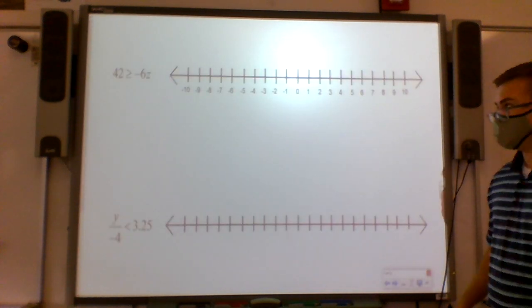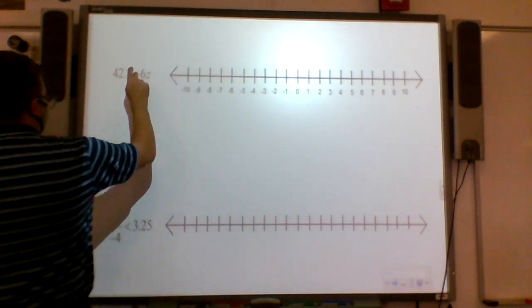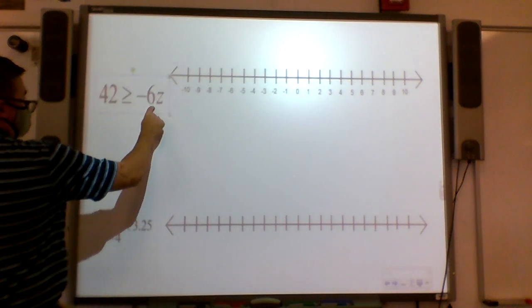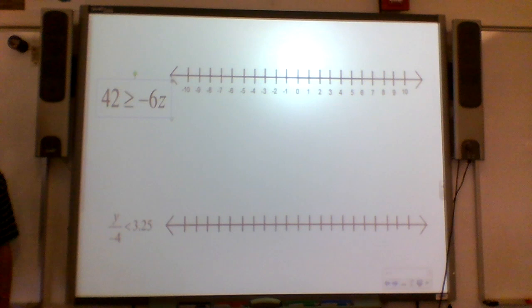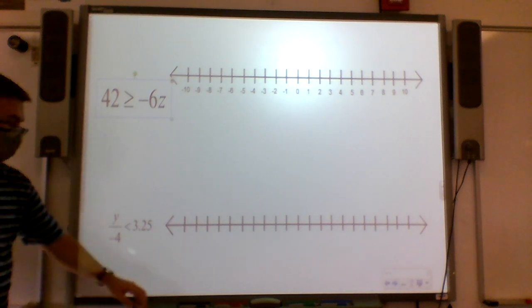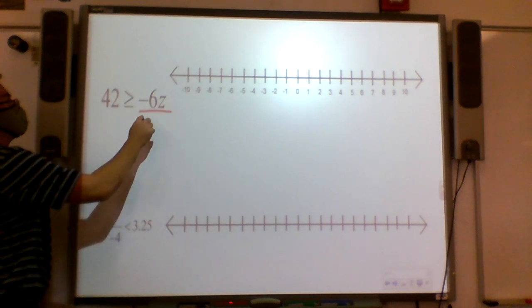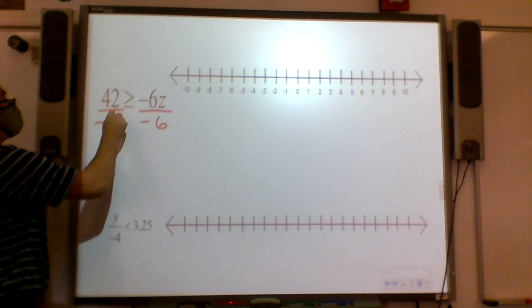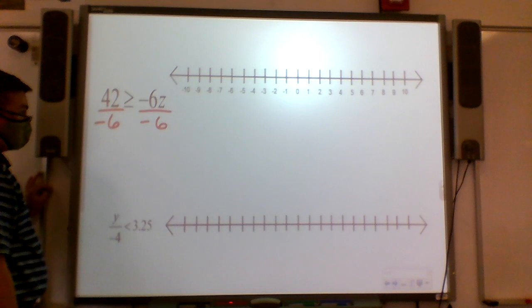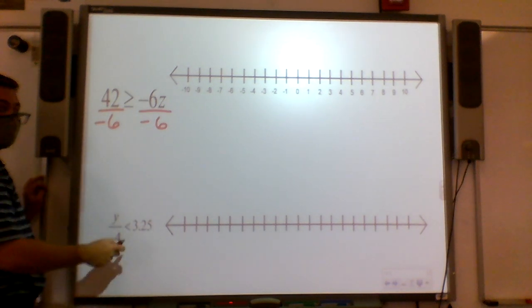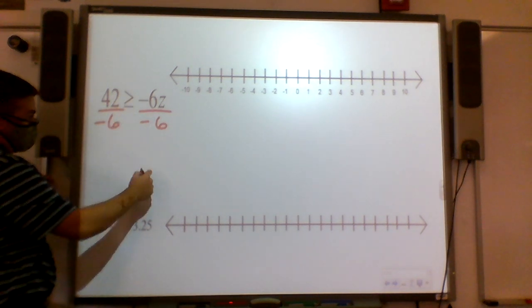All right, a couple more here. We've got 42 is greater than or equal to negative 6z. So in order to solve this one, we've got to get z by itself. So we're going to divide both sides by negative 6. Since we divided both sides by a negative, our inequality flips.